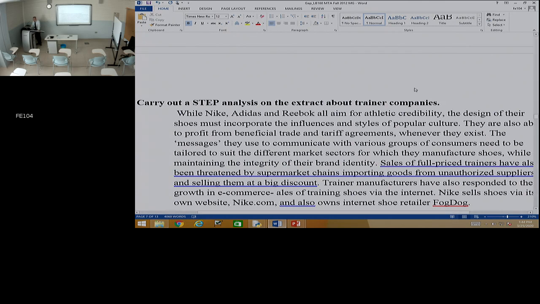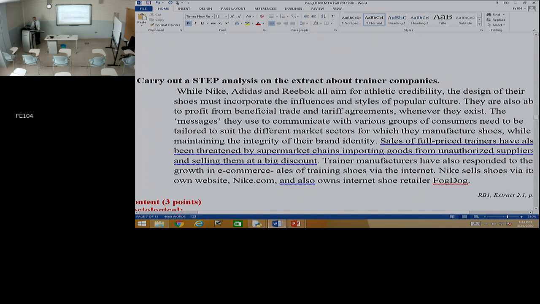Looking at this example, I go directly for technological. Any technological factors here? Yes, we have one here. Manufacturers have responded to the growth of e-commerce. E-commerce means electronic, online, via the internet.